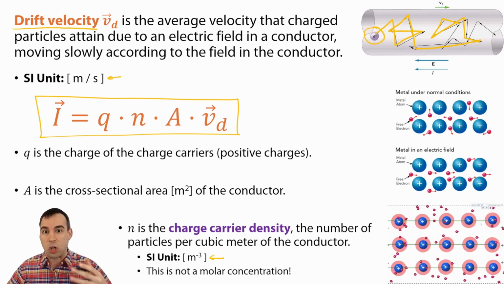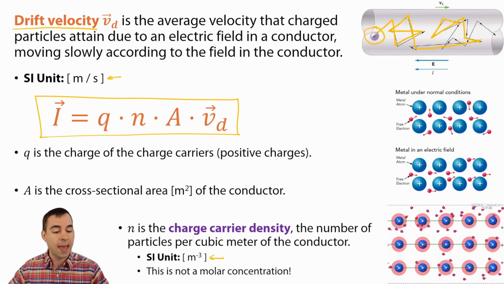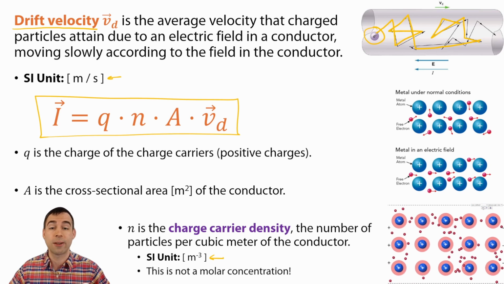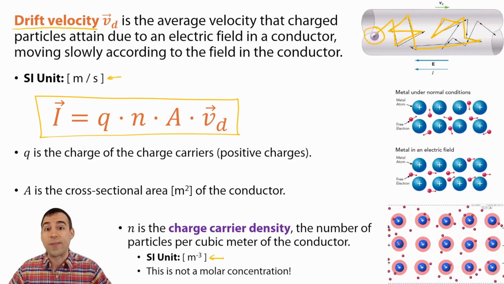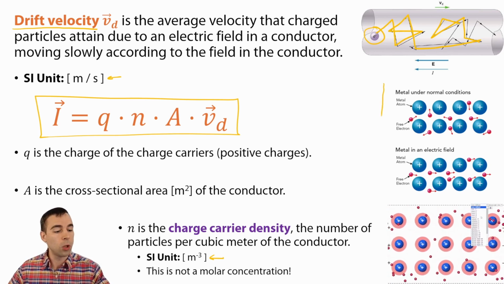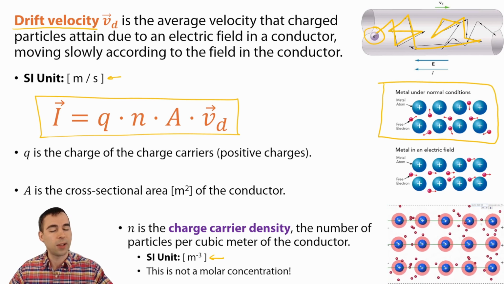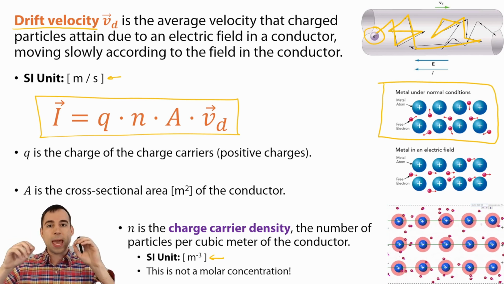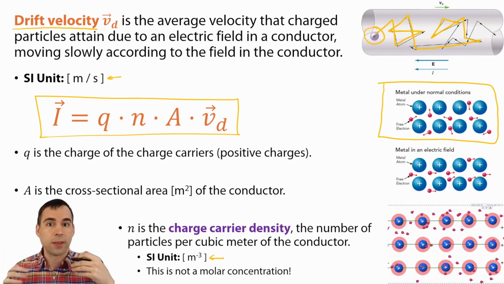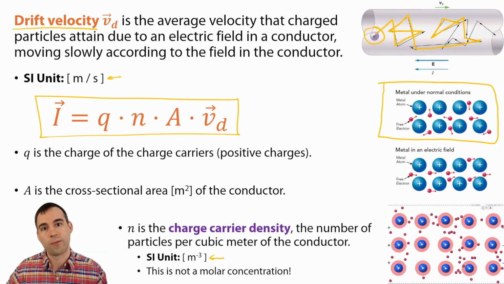This is like the number of charge carriers per unit volume. A is the cross-sectional area of the material, and VD is the drift velocity. Under normal conditions, a metal would have electrons scattered about and nuclei scattered about, and there would be no overall direction of motion for the electrons.